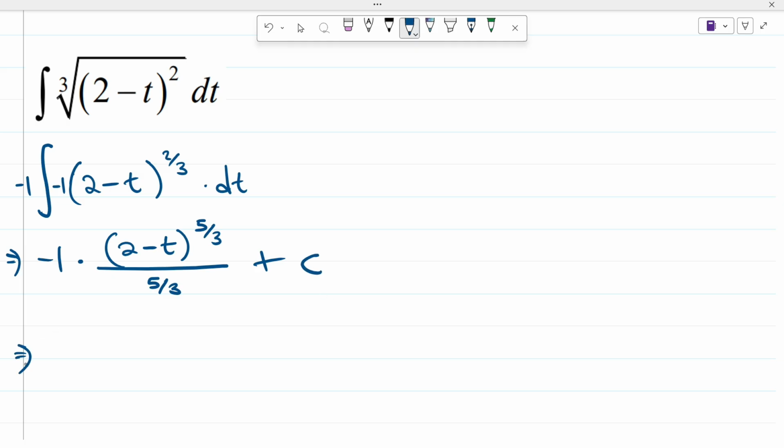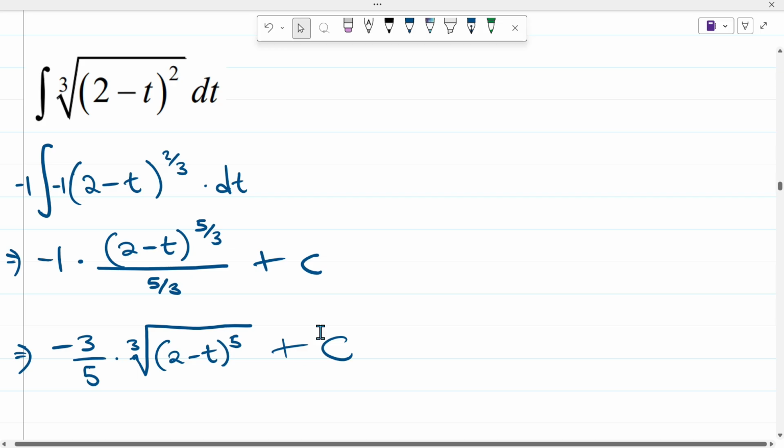Then of course we can again rewrite this in simple terms. We'll take the 3 up there, that's going to be minus 3 over 5 multiplied by, and then we change this to a cube root. So this is going to be multiplied by the cube root of (2 minus t) to the power of 5, plus c. And then this becomes your answer.